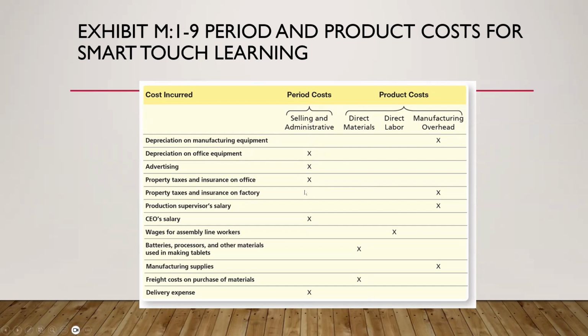Then you have property taxes and insurance on office, which is considered a period cost. Property taxes and insurance on factory are product costs, along with the supervisor's salary. Now the CEO salary is included in the period costs under selling and administrative.